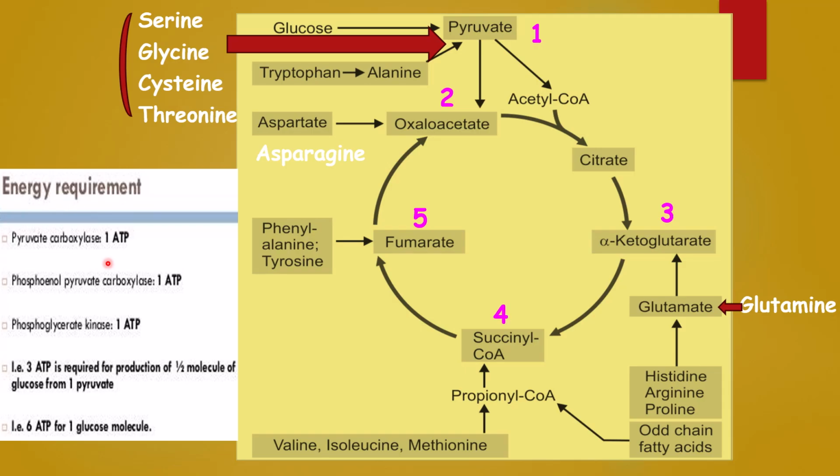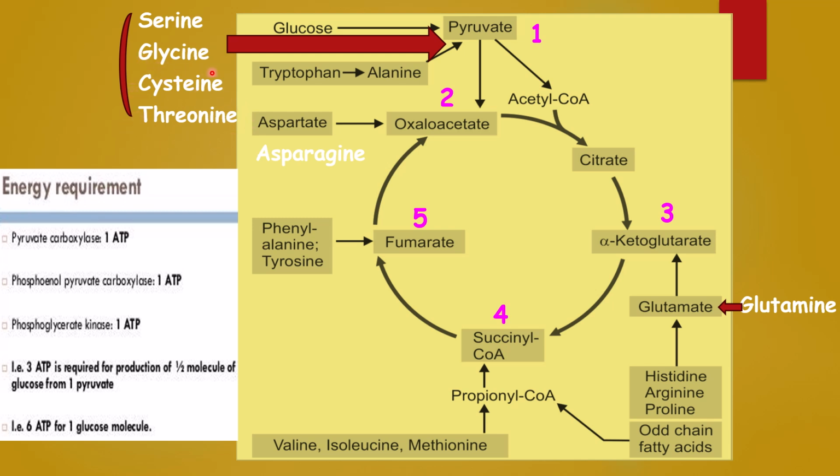Now this is the diagram showing how the various glucogenic amino acids are involved in the production of glucose. You can see here serine, glycine, cysteine, and threonine.